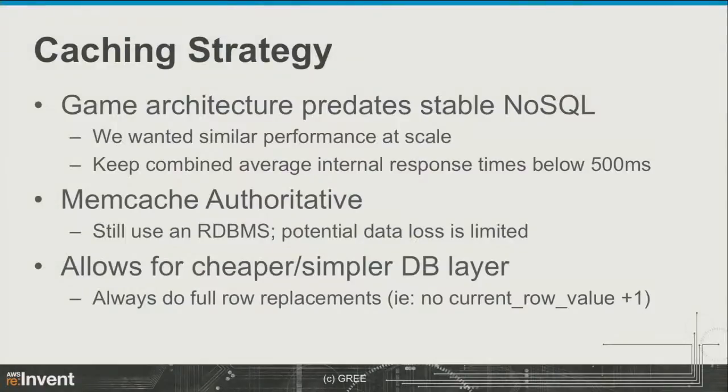So a little bit about caching. The RPG Plus game architecture actually predates what we considered stable NoSQL. But we wanted to have that performance. Back then, there wasn't too much available to us, but we had Memcache and we had databases. Our internal response time is actually a lot lower now. We're at closer to 300.